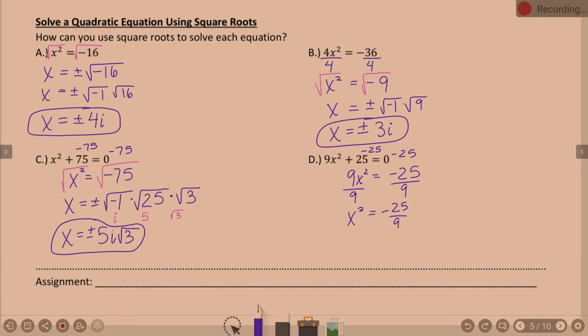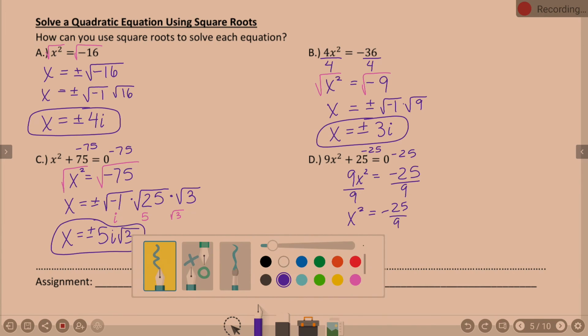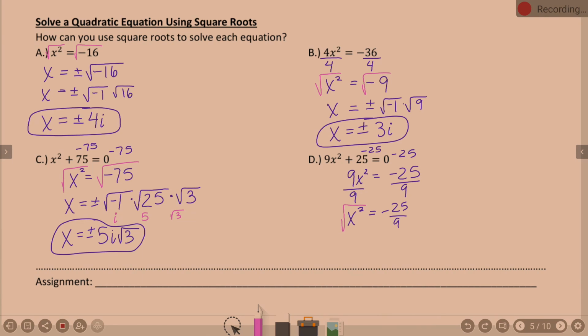What's our next step to solve for x? Take the square root, yes? If we take the square root of the left, we take the square root of the right. Square root of x squared is x. Taking the square root in an equation setting, we're going to have what? Plus or minus.